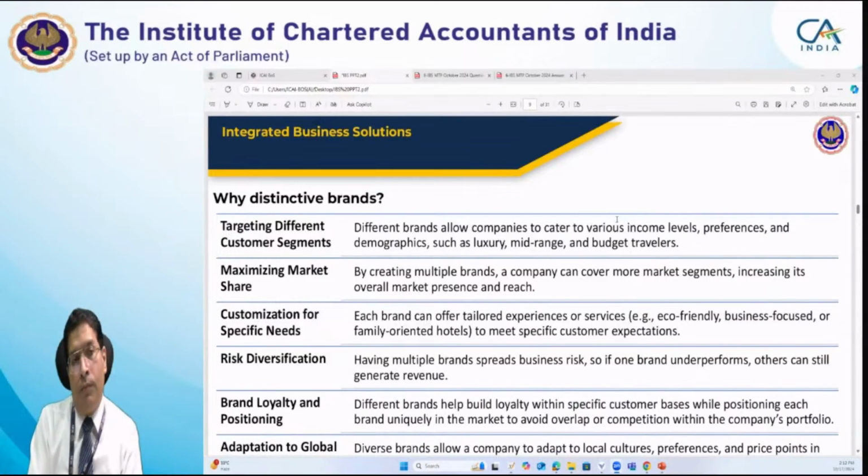Suppose you have done innovation, or you have launched an innovative product. A brand also creates brand loyalty, and it helps in adaptation to global practices.